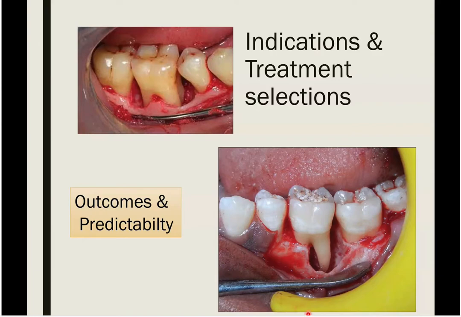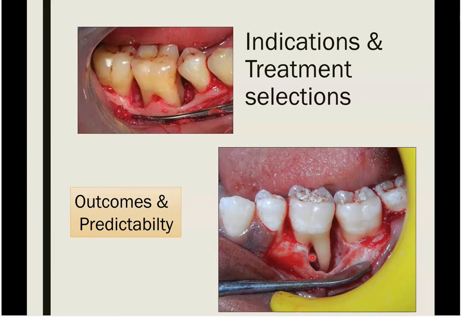You could place a bone graft and a barrier and retain this tooth, which is, I believe, what we actually did. You could treat it with a biologic with the bone and the barrier, because this is a pretty complex defect, and we need to ensure that we're cleaning this furcation thoroughly.